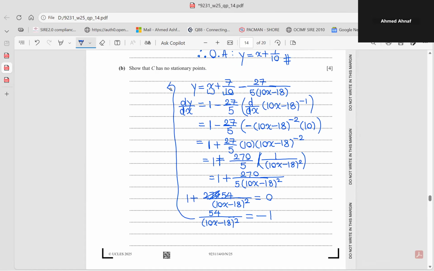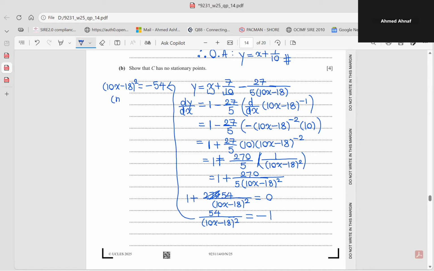Let's make 10x minus 18 squared the subject, so 10x minus 18 squared equals -54. However, you can see that this is a perfect square, and you know that perfect squares must be positive.